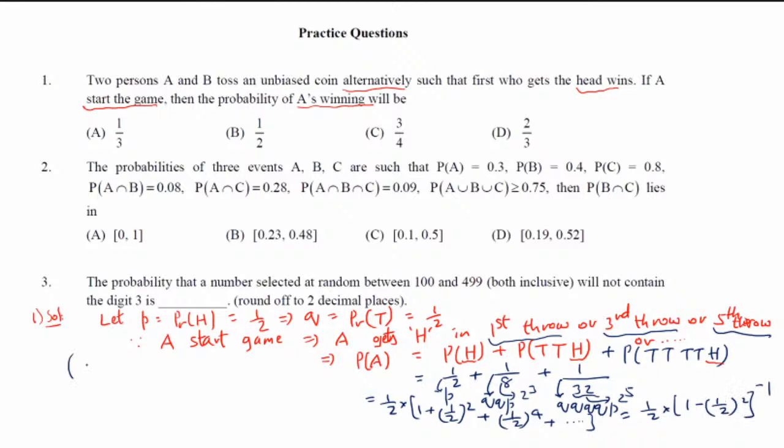Just from Taylor's or Maclaurin series or binomial expansion, 1 minus x whole power minus 1 is 1 plus x plus x square plus so on. Now in place of x, we have 1 by 2 whole square. So this simplifies to 1 by 2 into 1 minus 1 by 4, which is 3 by 4, and the reciprocal of 3 by 4 is 4 by 3. So this simplifies to 2 by 3. Accordingly, the answer is option D.